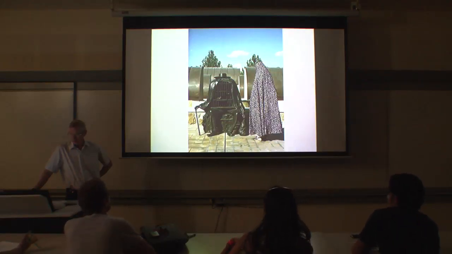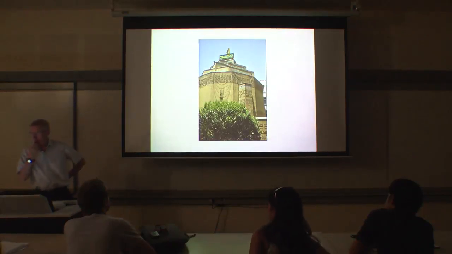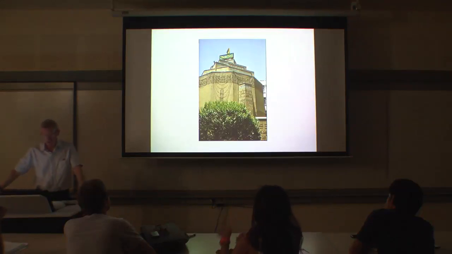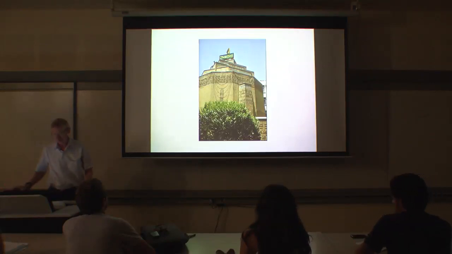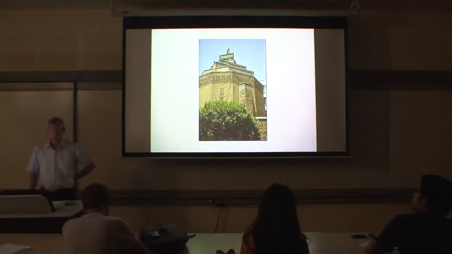So they have other mosques that they have built more recently. This was built in the 1980s. Oh, sorry, that's actually back to front, but not to worry. And this is the outside of the Masjid al-Ghadir in Tehran, which has a 12-sided prayer hall.